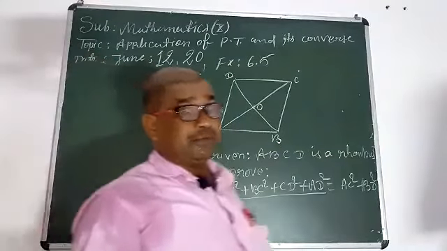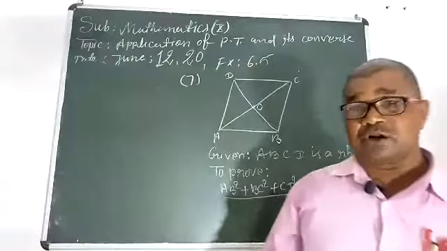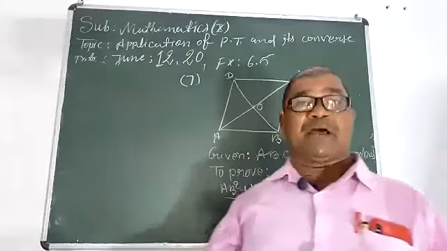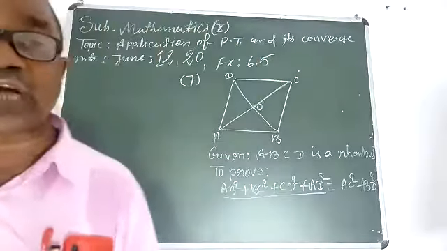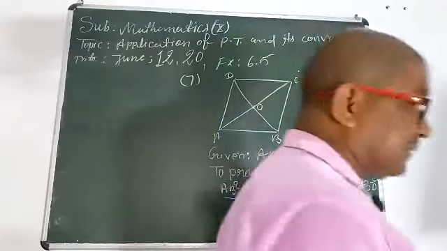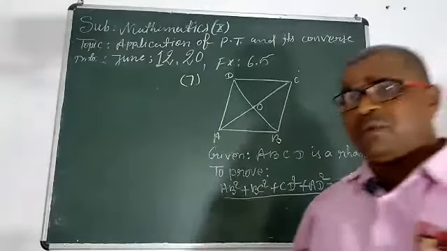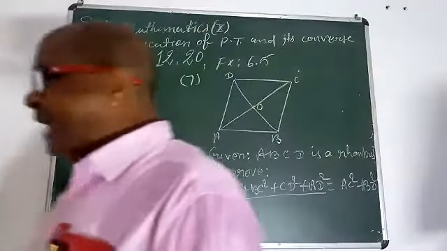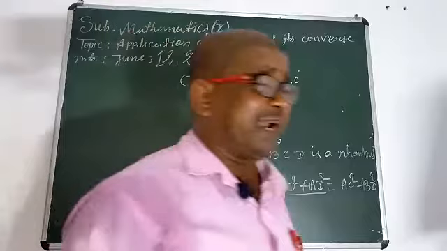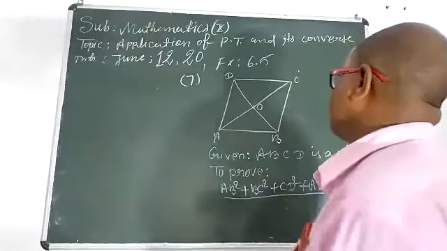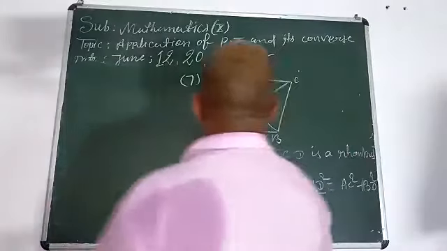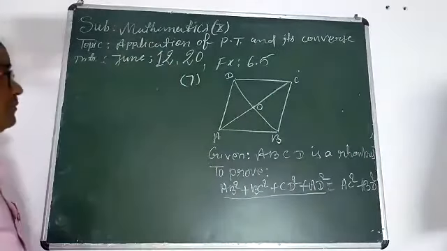Now, we should recall what a rhombus is. A rhombus is a special parallelogram having all sides equal in length, or a special parallelogram having one pair of adjacent sides equal.